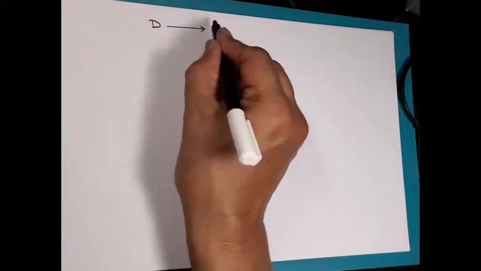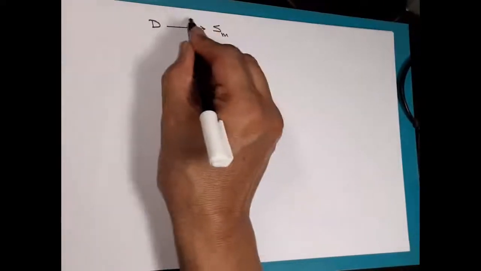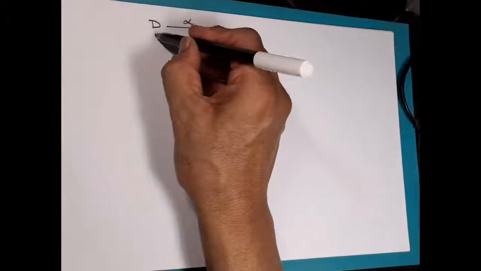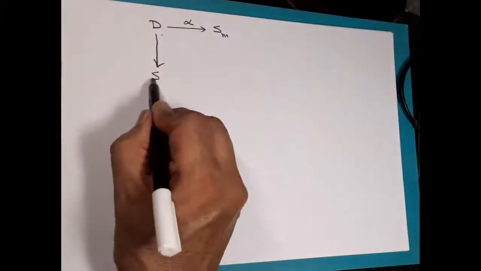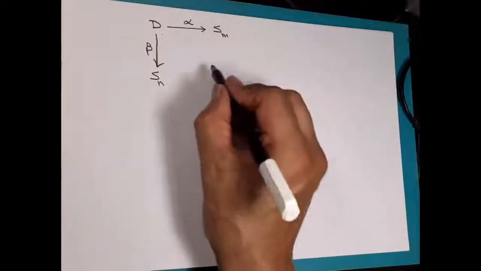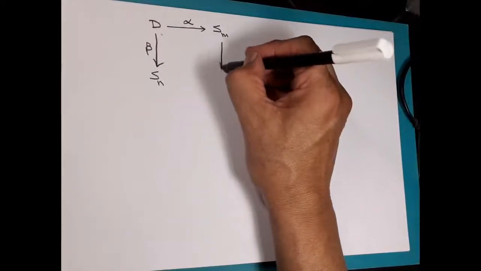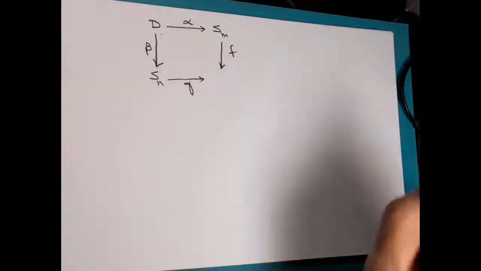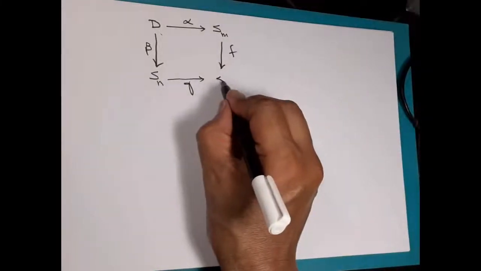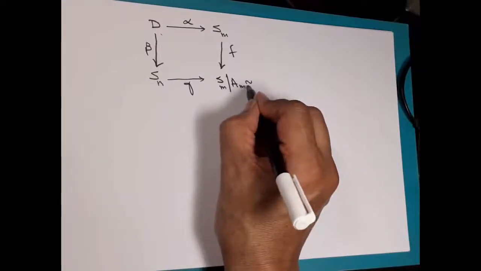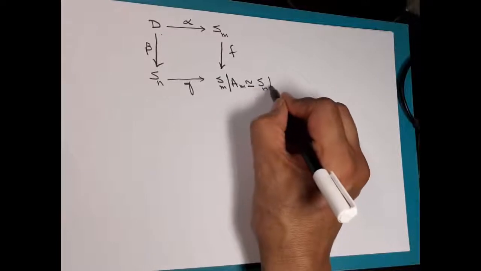So from D to Sm, this is alpha, this is just the projection, and from D to Sn, beta, this is again just the projection, and then we are going to have these maps F and G. Note that Sm factored by Am is isomorphic with Sn factored by An.